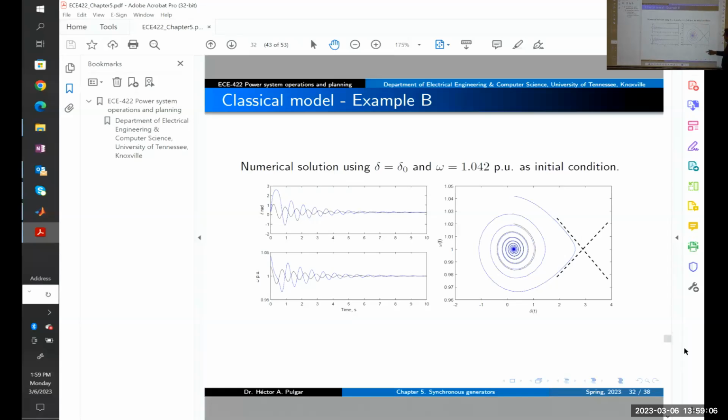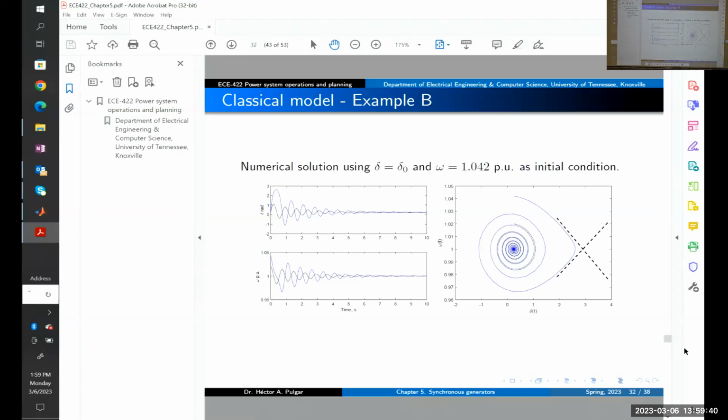So what we get there, we see that we still have a stable system. The trajectory gets dangerously very close to the eigenvector here related to the saddle node, but still doesn't cross that eigenvector. And when we get closer here, we're pushed away from that saddle node, and we return to the stable focus, and the system stabilizes again around the equilibrium point delta 0 in a frequency of 1 per unit.